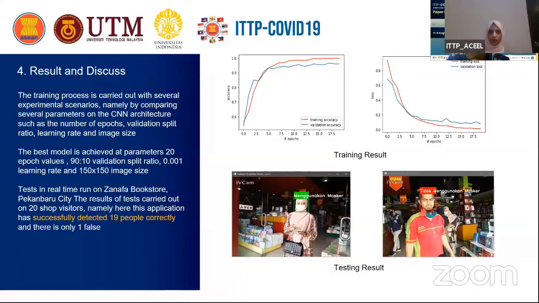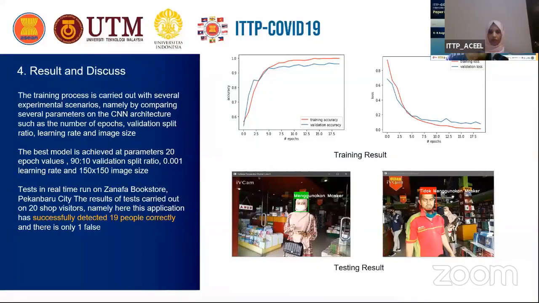And for the real-time testing at a bookstore in Pekanbaru City, the test was carried out on 20 visitors. The application successfully detected 90% correctly, and there was only one false detection.